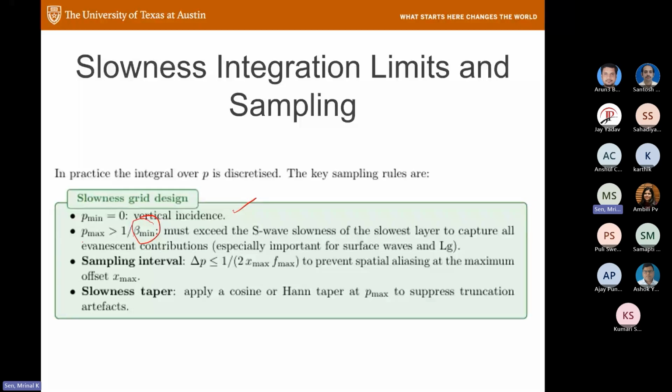You can choose any other p max value, but that would mean you're restricting your calculation to that particular p max. And then delta p sampling is given by this equation, 1 over 2 x max f max. Also, when you do the slowness integration, you can apply a cosine taper.